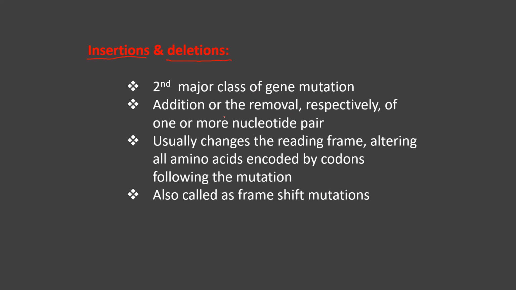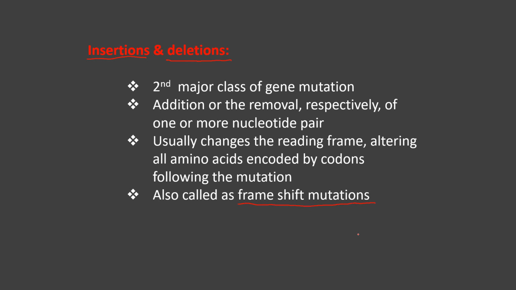Now, as it says here, it's the second major class of gene mutation, addition or removal, respectively, of one or more of the nucleotide pairs. So once again, the bases, right? Usually changes the reading frame, altering all amino acids encoded by the codons. This is important because another name for insertions and deletions is frame shift mutations.